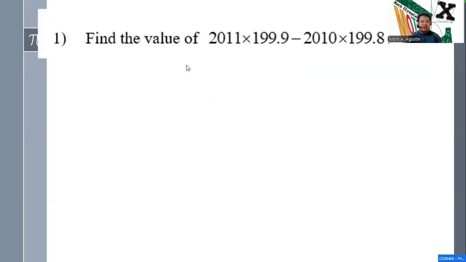Find the value of 211 times 199.9 minus 210 times 199.8.